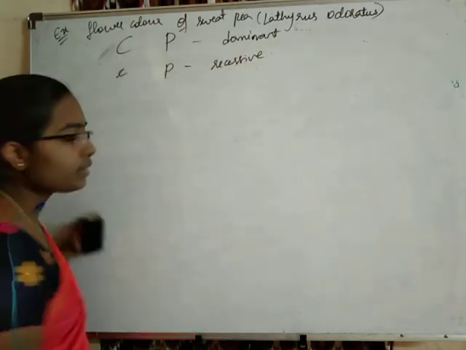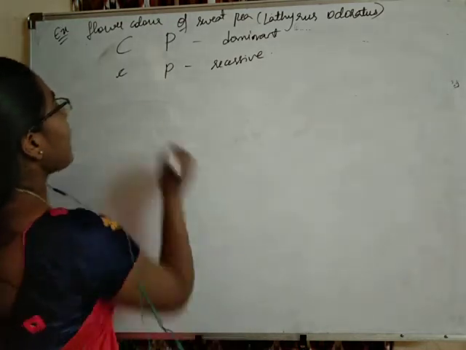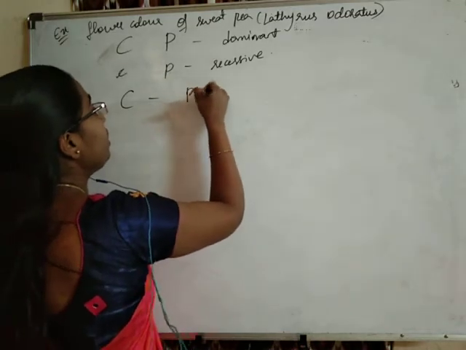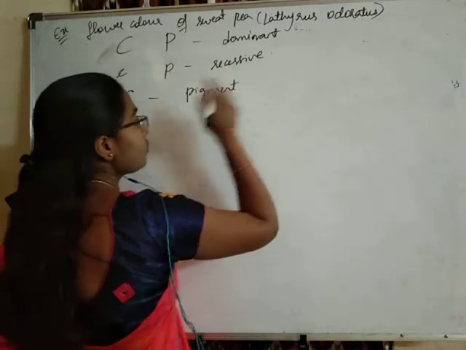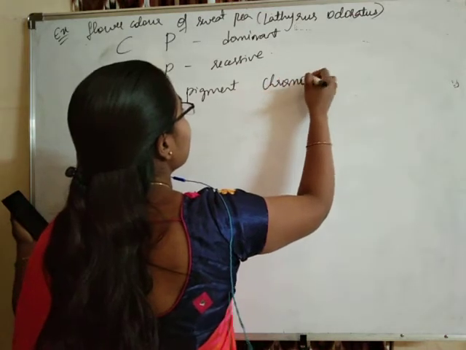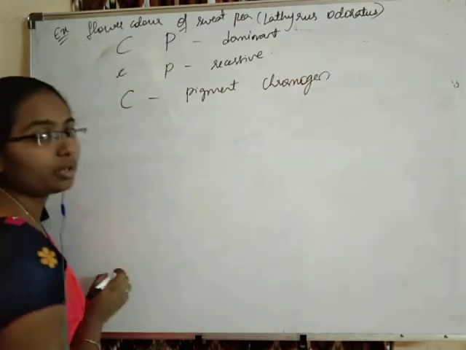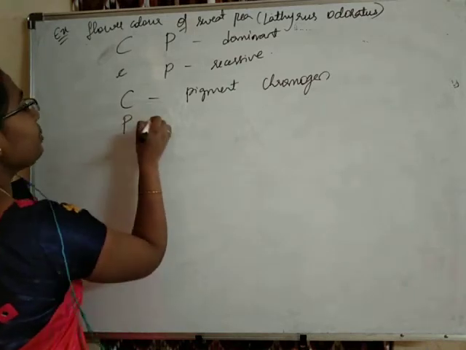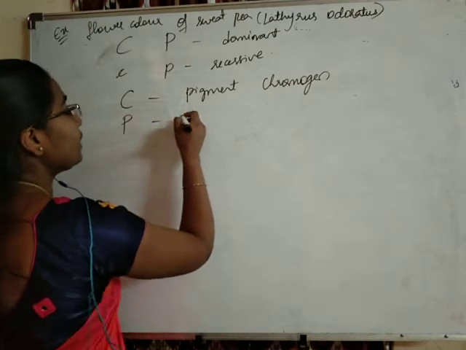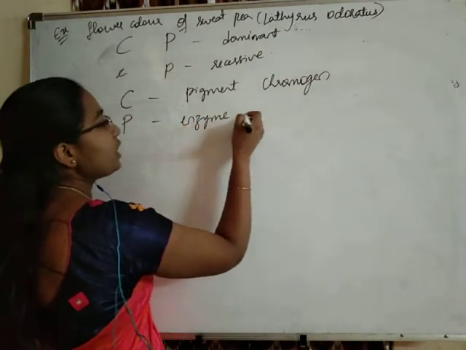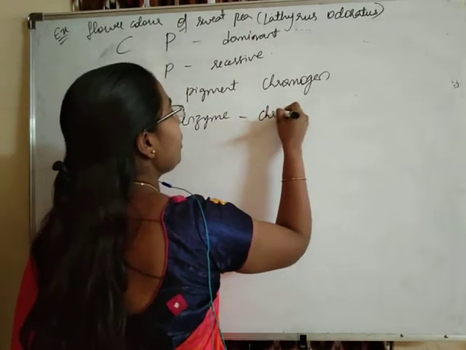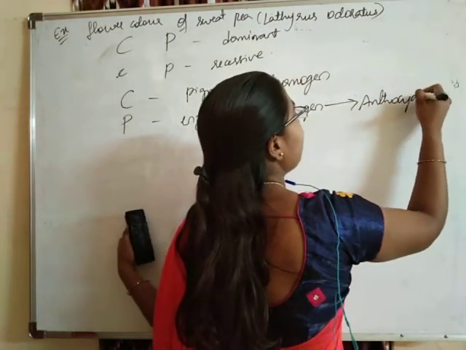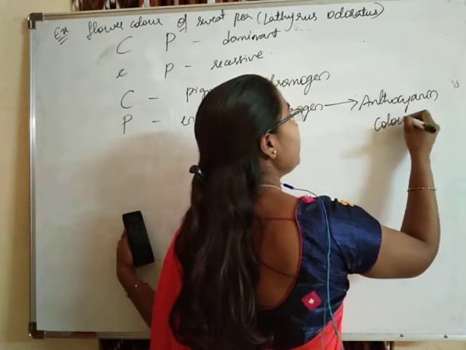Here the capital C is responsible for the production of a pigment chromogen, and the capital P gene produces the enzyme which converts chromogen into anthocyanin, which gives color to the flowers.